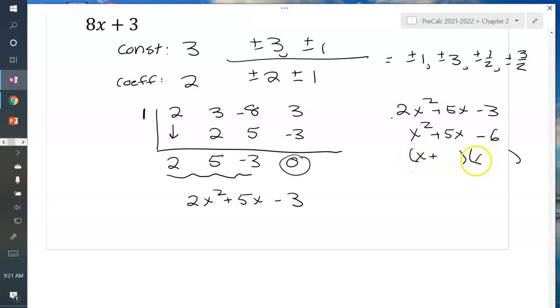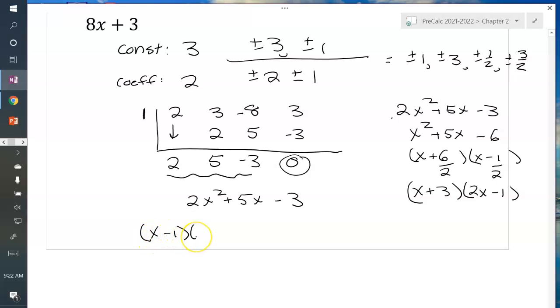One's positive and one's negative. Check it out. 6 and 1. Now I've got to undo my slip. So I'm going to slide a 2. I get x plus 3 and 2x minus 1. All right, so here are all of my factors.